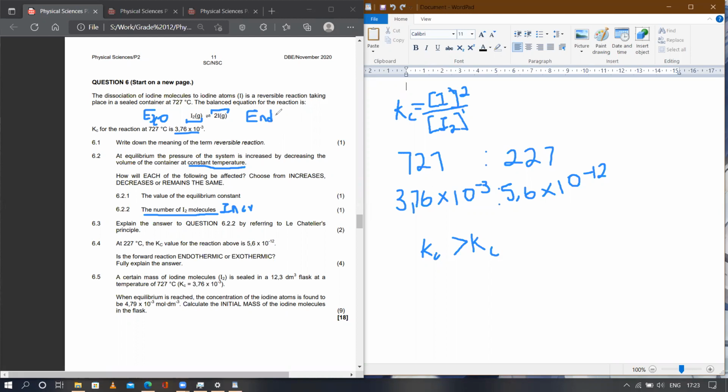Since a decrease in temperature favors the reactants, that means an increase in temperature will favor the products. And the reaction that's favored when temperature is increased, that's the endothermic. The one that's favored when temperature is decreased, that's exothermic.